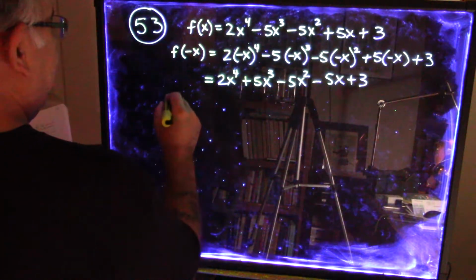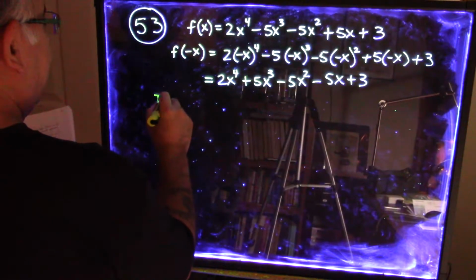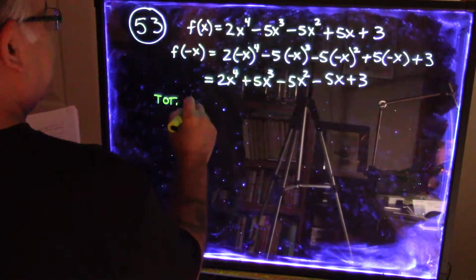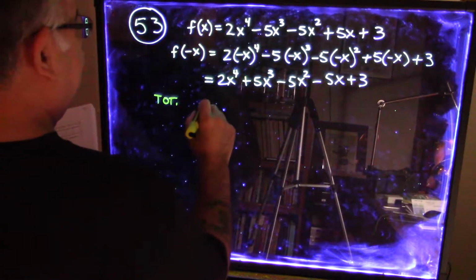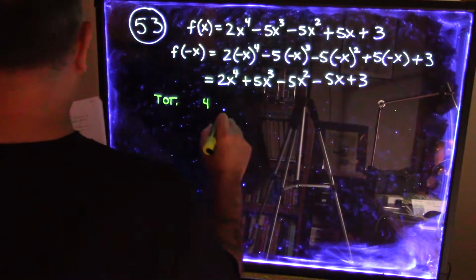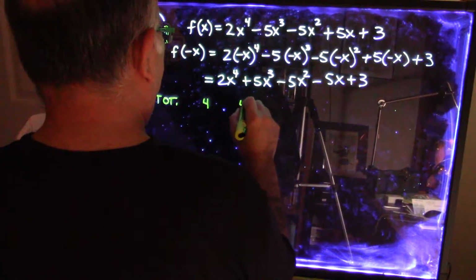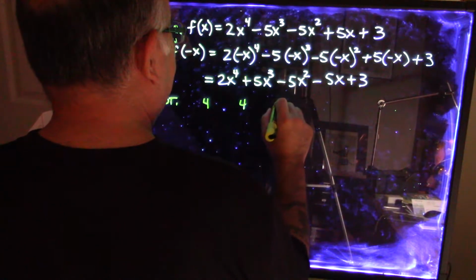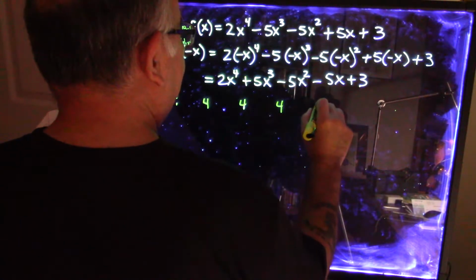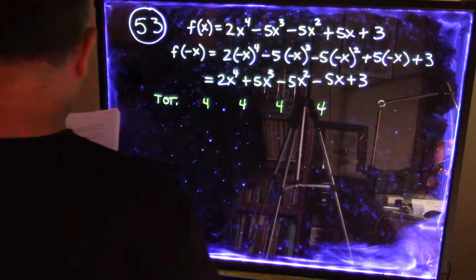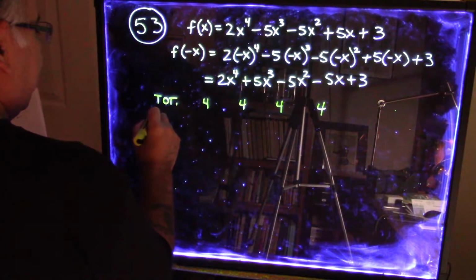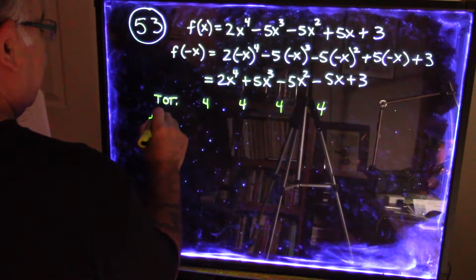Alright, so let's make a table. Total zeros would be 4 because of the degree, and there are going to be 4 columns here for 4 possibilities, 4 possible combinations of positive and negative real roots here.